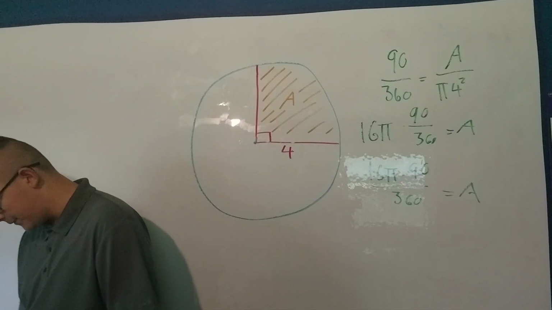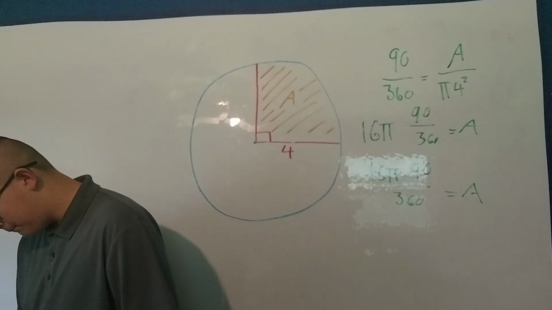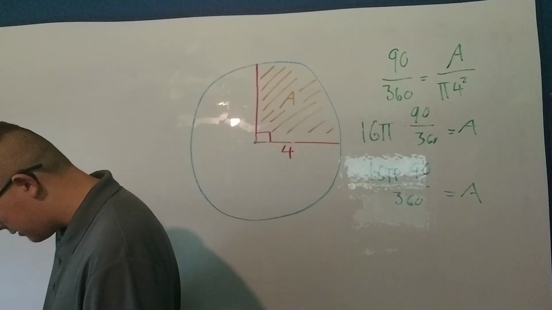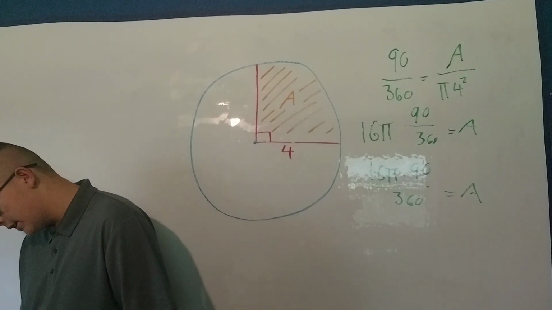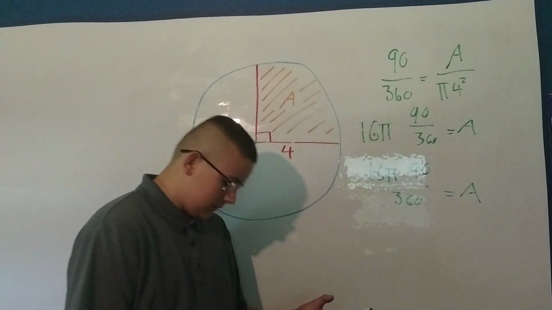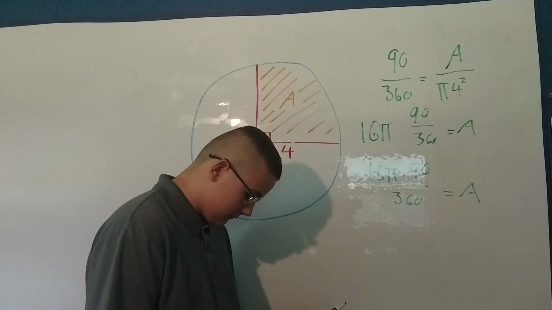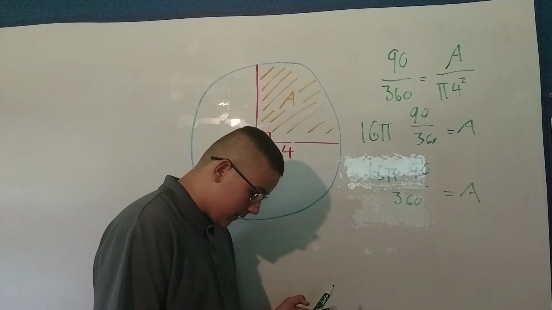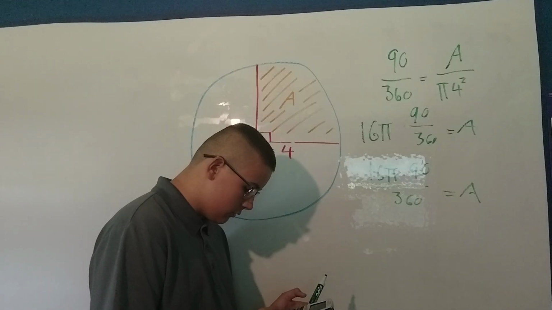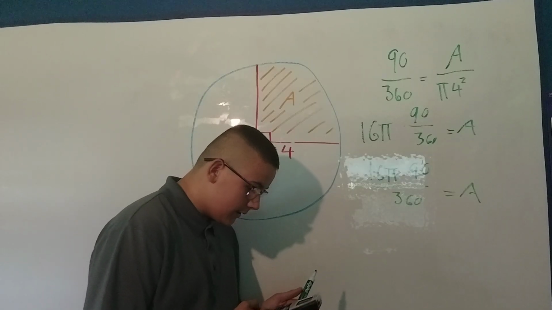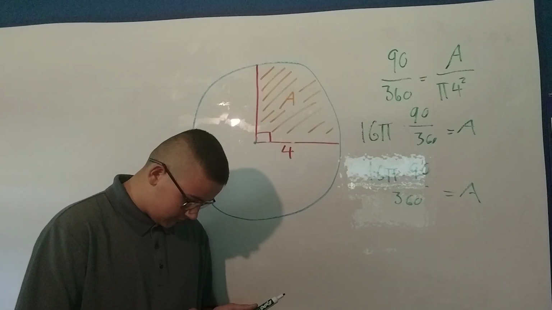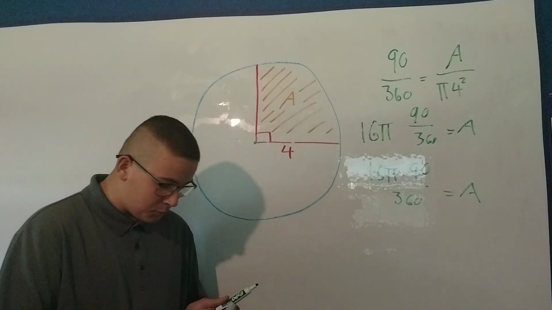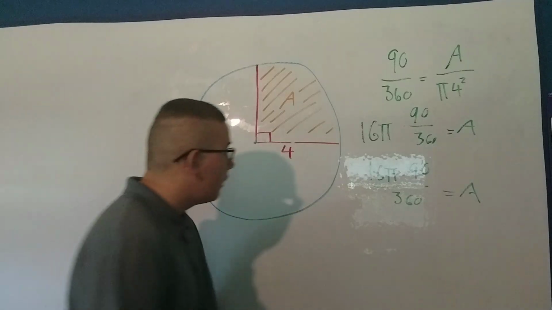When you plug that in, 16 pi times 90 over 360 is 12.566.